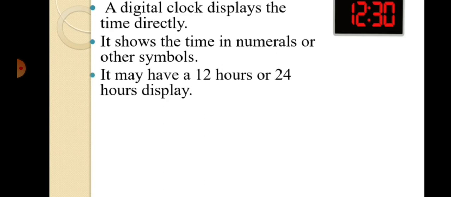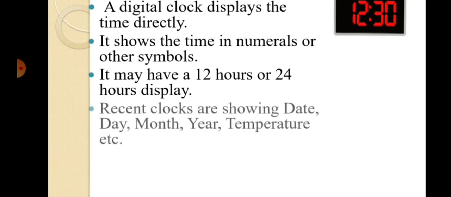It may have 12 hours or 24 hours display. That means in the afternoon 1 o'clock, you can set it to display either 1 hour 30 minutes or else 13 hours. 13 means after 12, 1 o'clock.